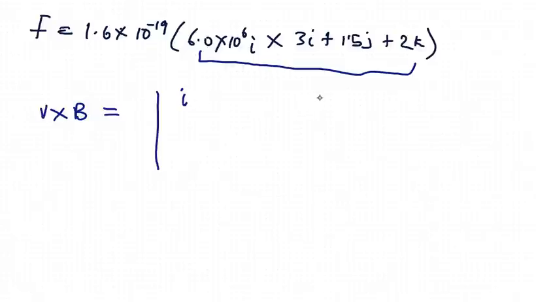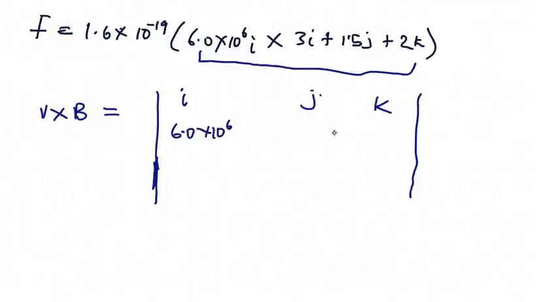The component of v in the direction of i is 6.0 times 10 power 6, and the component in j is 0, and that of k is 0.